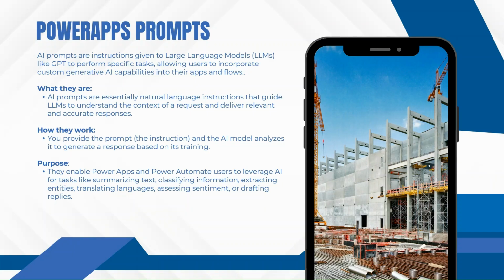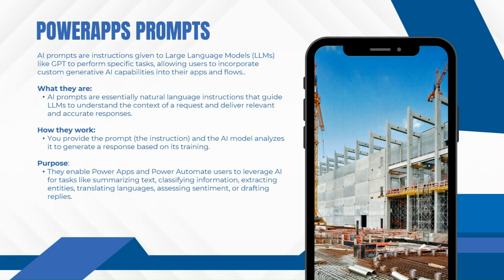And the purpose, what is the purpose of having AI prompts? They enable Power Apps and Power Automate users to leverage AI for tasks like summarizing texts, classifying information, extracting entities, translating languages, assessing sentiments, or drafting replies.